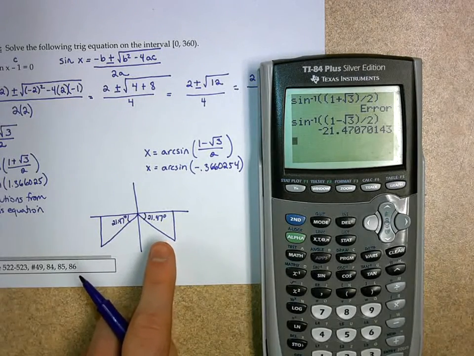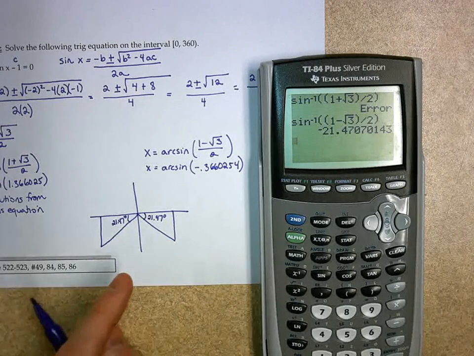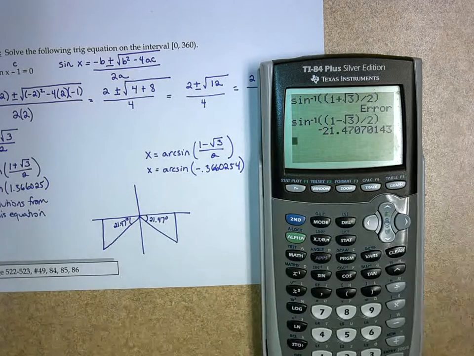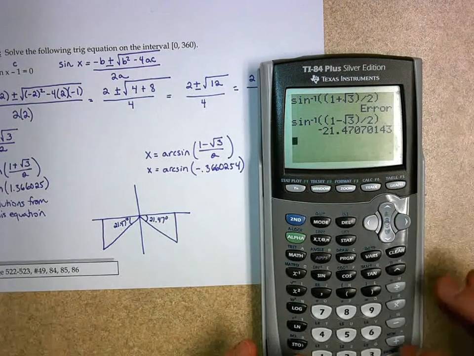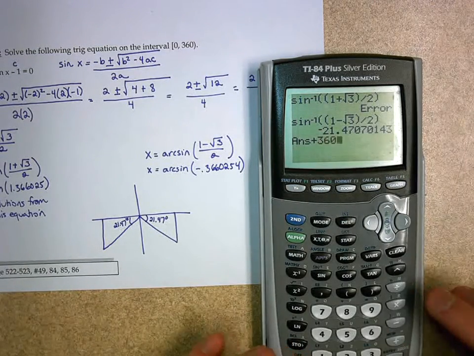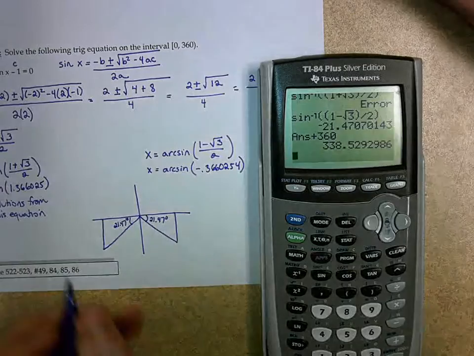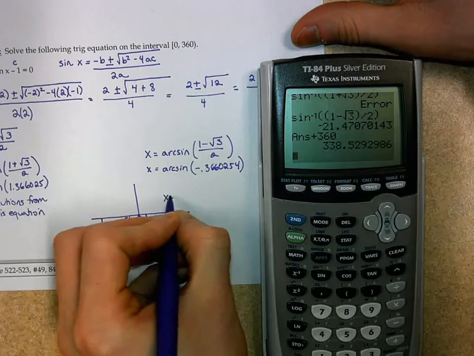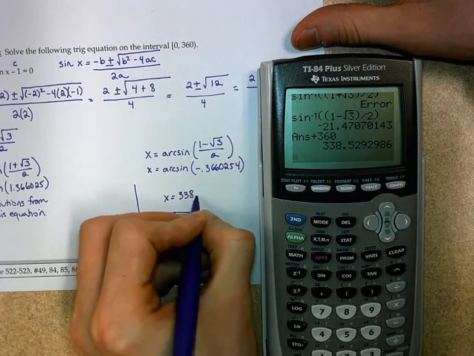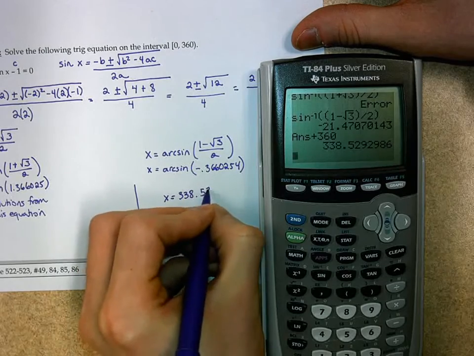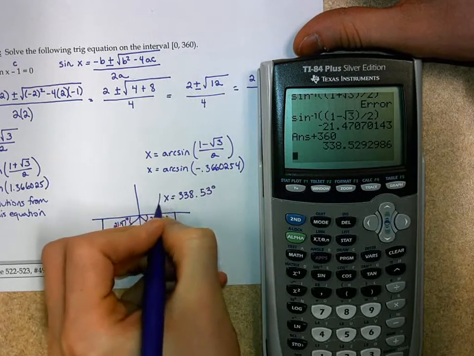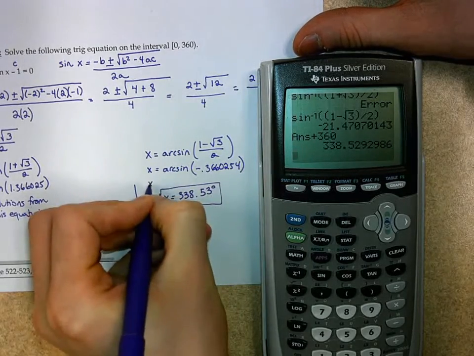Now since this number, this -21, is not between 0 to 360, I've got to add 360 to it. So you can see right there that I'm going to end up with 338.53 when I round. So x is equal to 338.53 degrees. That's going to be one solution.